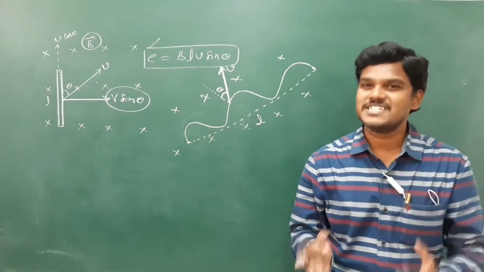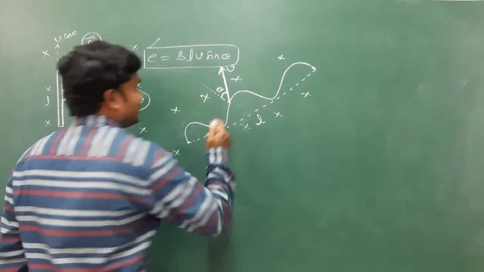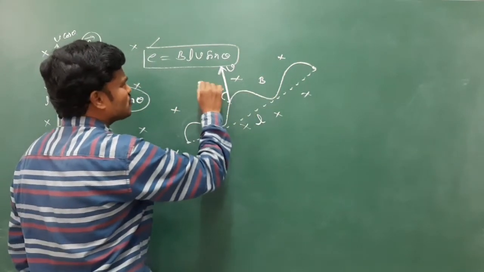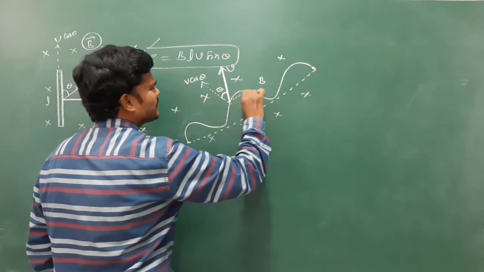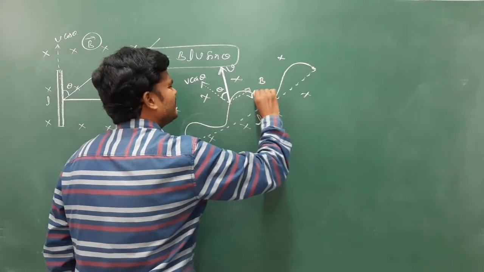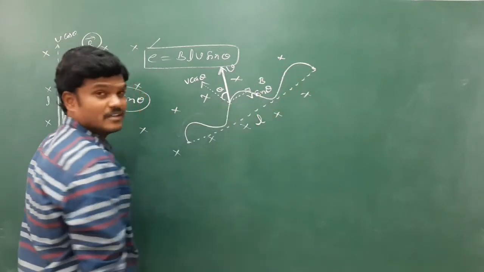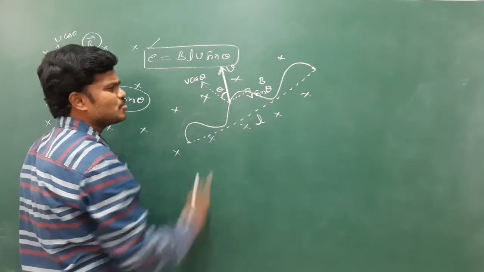Here B is into the board. Again, resolve V into components: this becomes V cos theta, and here V sin theta. V sin theta and L are parallel, and if any two are parallel, there is no EMF. So because of this, there is no EMF.